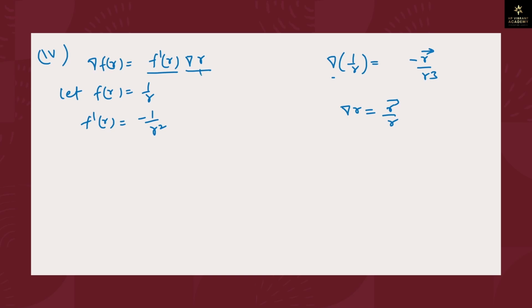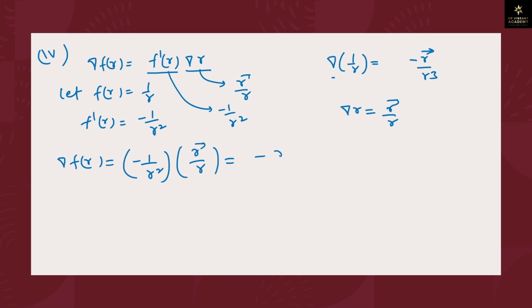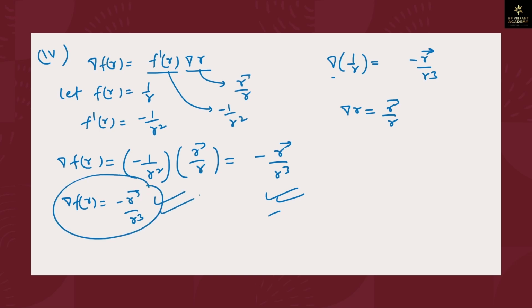Del of r is r vector upon r, and f dash r is minus 1 by r square. So del of fr is equal to minus 1 by r square into r vector upon r. So this is minus r vector upon r cube. समझ में आ रहा है? So we have shown that del of fr is equal to minus r vector upon r cube. Okay, so this is the solution of part 4.